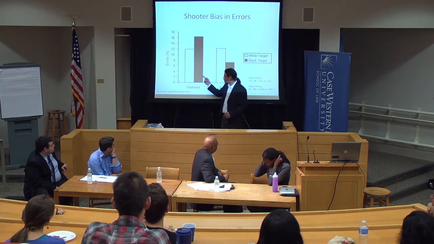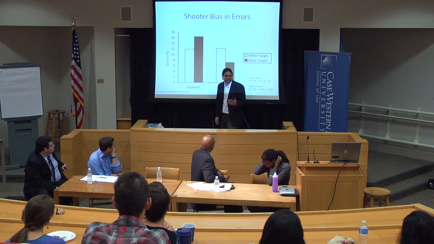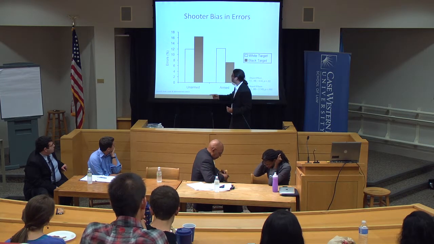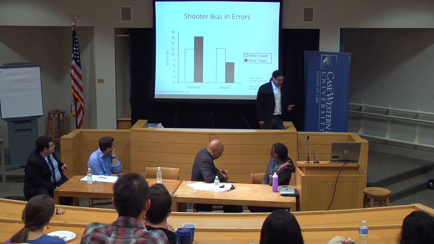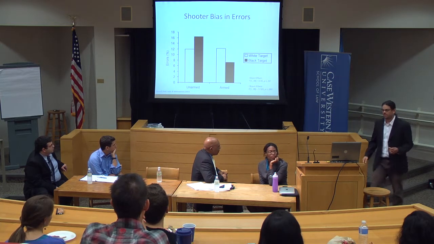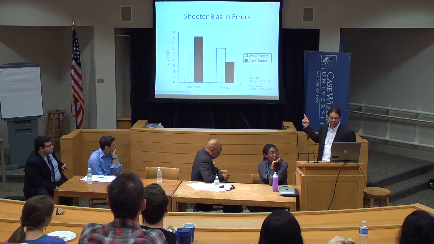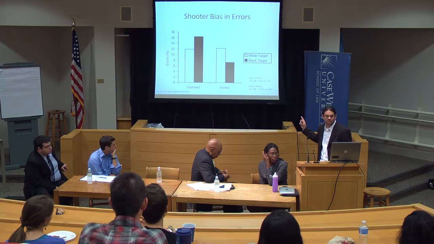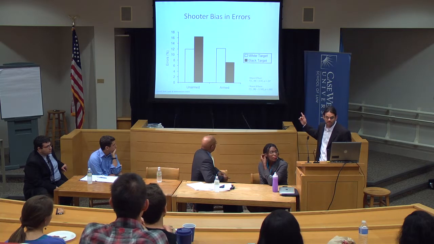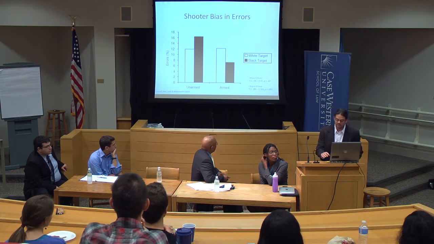But look what happens with the cell phone. And we know of real world instances where people have been shot reaching for a wallet or a cell phone, right? The error rate is much higher. People are more likely to shoot an unarmed black man. Police, incidentally, when they take this test, are actually better on the error rate than the rest of the population, but in the reaction time, they still show strong racial biases.